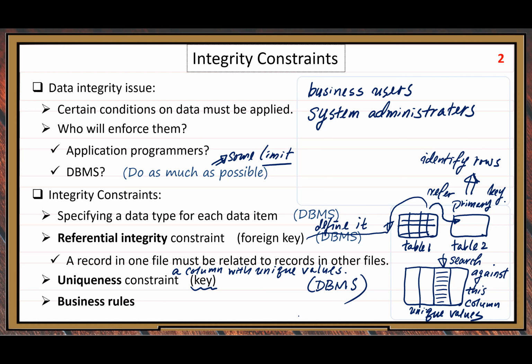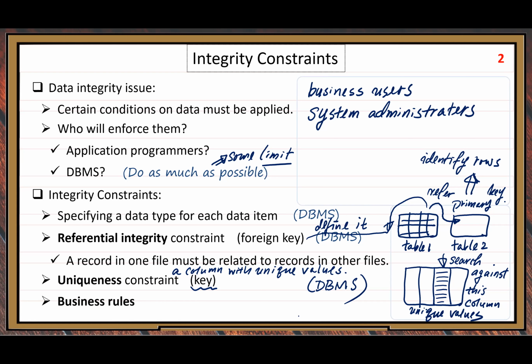So the DBMS allows us to define relatively simple constraints, so the DBMS can enforce those constraints easily. But not for complex rules. Complex rules, we cannot use simple constraint definition to represent. So for complex business rules, we may need to write our programs.